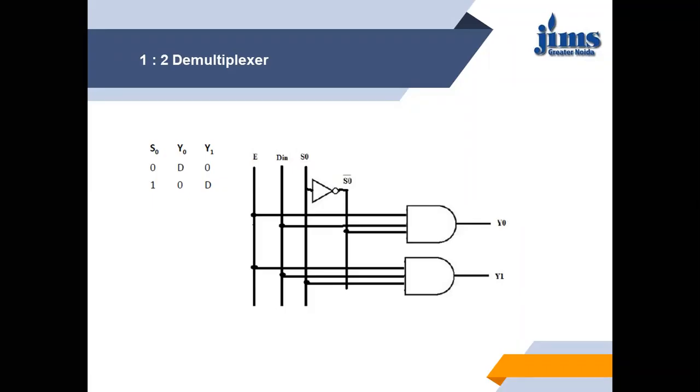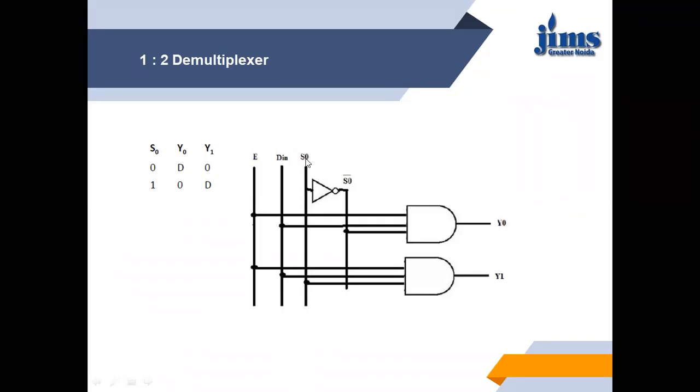Whenever E is 1, the output depends upon the value of S0. If S0 is 0, then here is 1, here is D, so Y0 will be D, but the second output will be 0 because S0 is fed to the second AND gate.